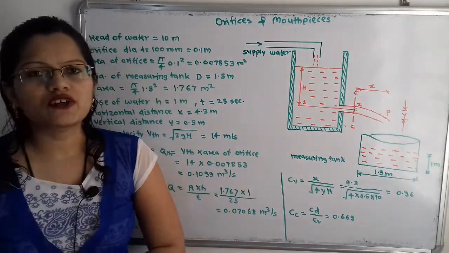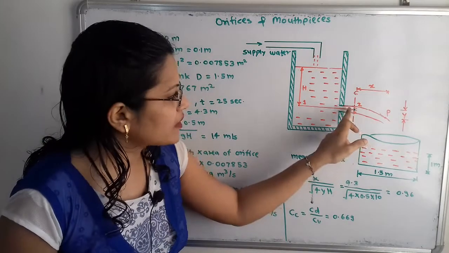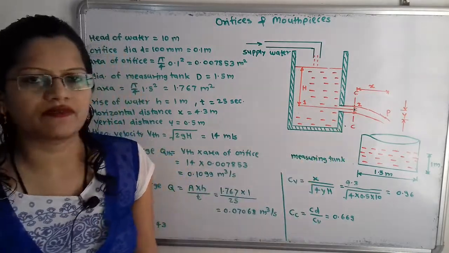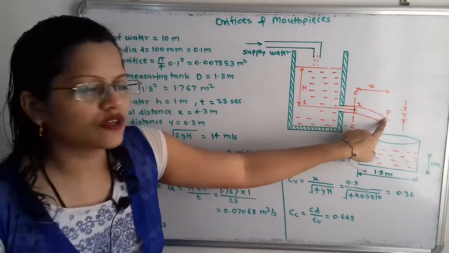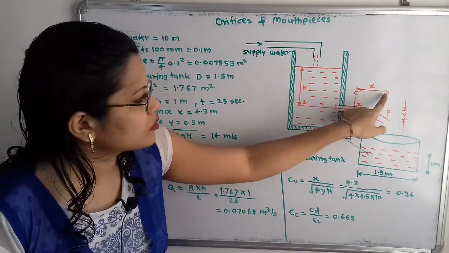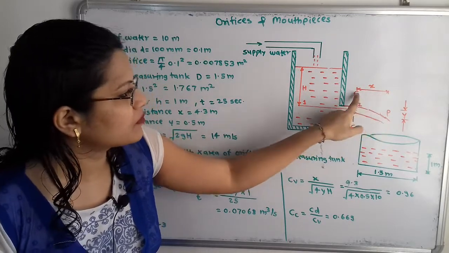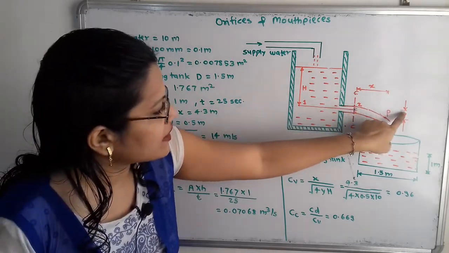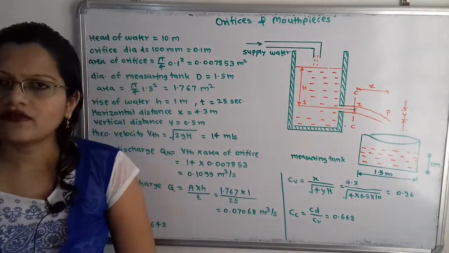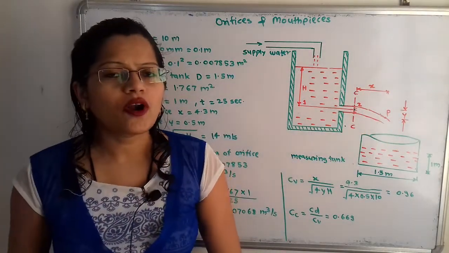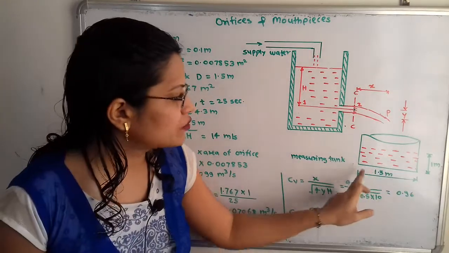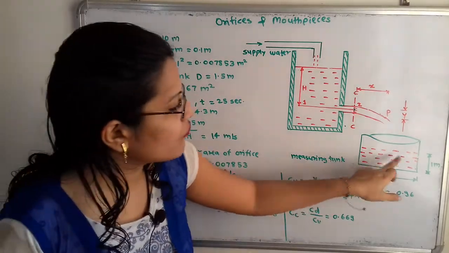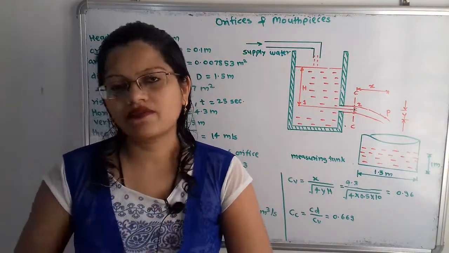One particular point P is selected on the jet, and the horizontal distance X and vertical distance Y from the vena contracta are given. The water is collected in a measuring tank whose diameter is 1.5 meter, and the level of water rises 1 meter in 25 seconds.